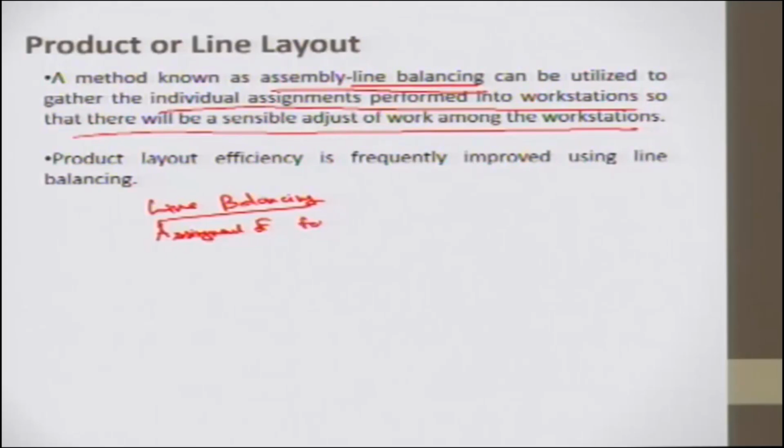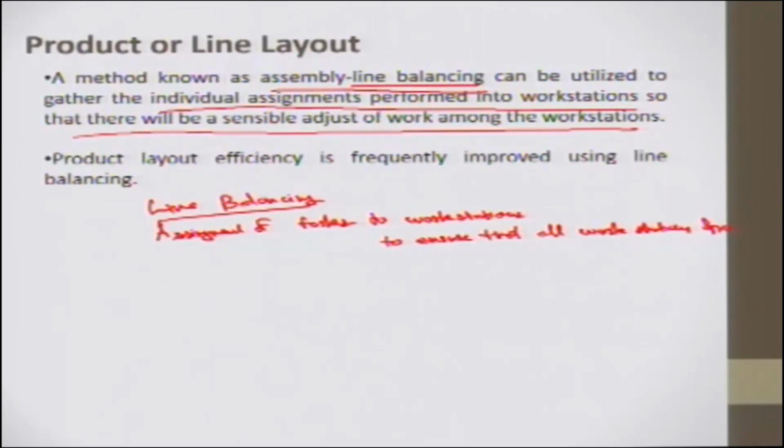Assignment of tasks to workstations to ensure that all workstations have equal or similar or close time requirements.